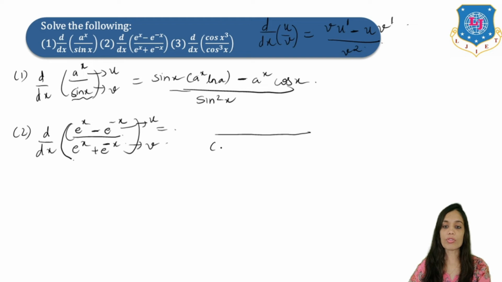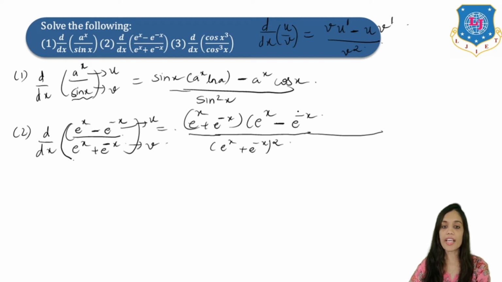So v square, so e raised to x plus e raised to minus x whole square. Done. Now you have to keep this e raised to x plus e raised to minus x as it is and do the derivative of this term. So it will be e raised to x as it is. Derivative of e raised to minus x. First this minus e raised to minus x and minus 1. So here plus will become.